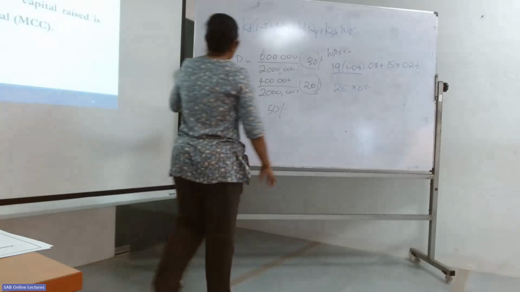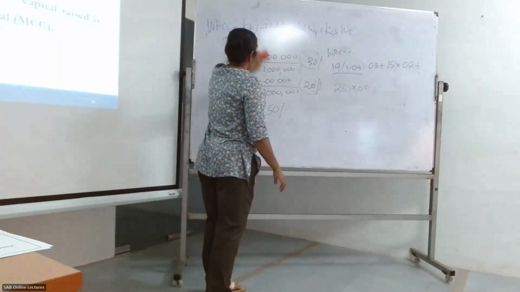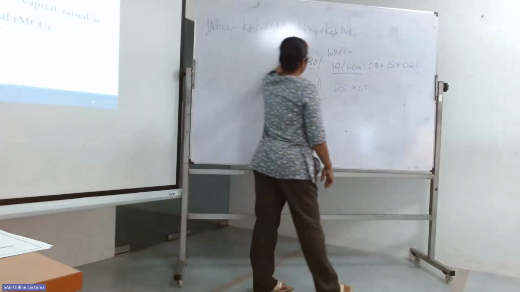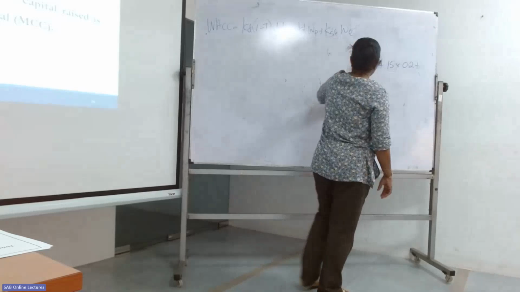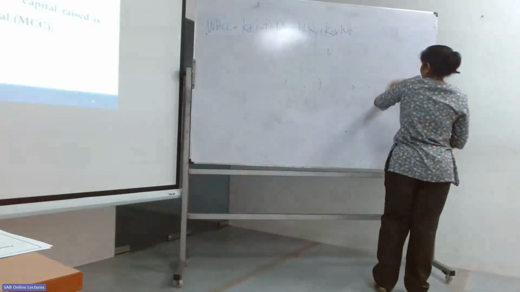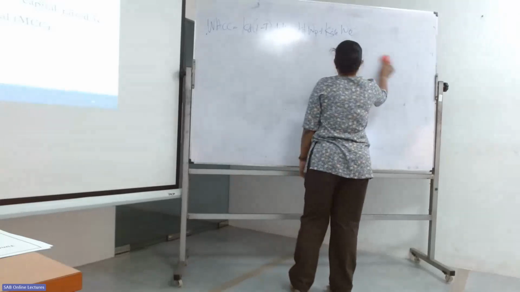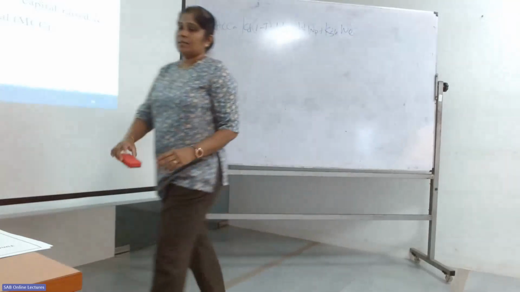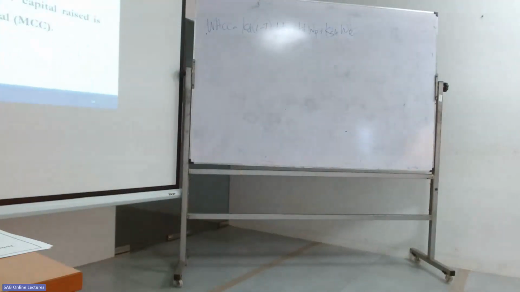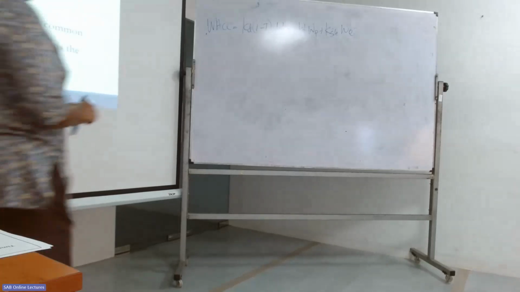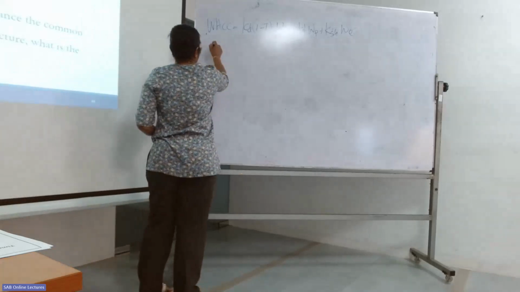So that is what. Now in this our example, it's ABC company. Let's discuss MCC relating to that. In this ABC company, total capital requirement was 100,000.